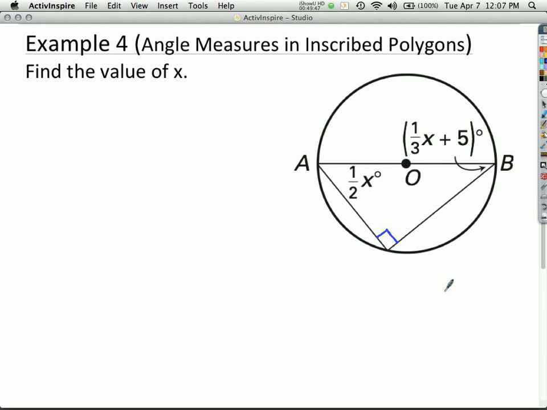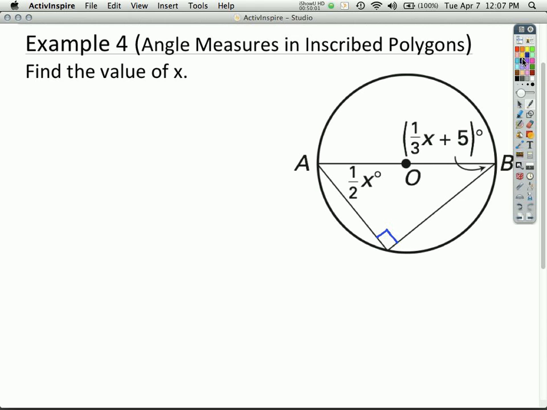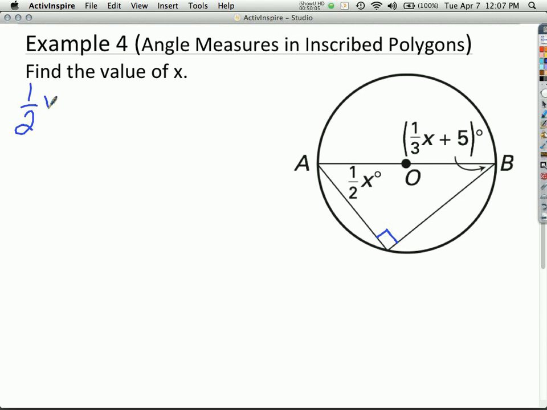So we know based on the triangle sum theorem that the 3 angles in a triangle add up to 180. There's also a corollary to that theorem that if it's a right triangle, the 2 non-right angles will add up to 90. So we can set up 1/2 x, which is angle A, plus 1/3 x plus 5 must equal 90 degrees.